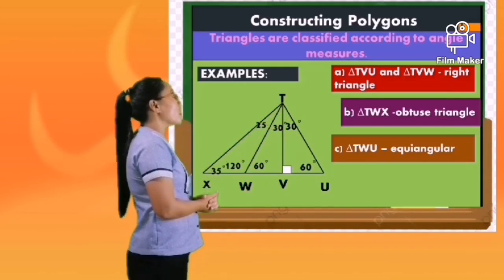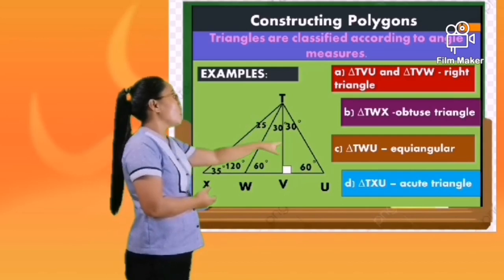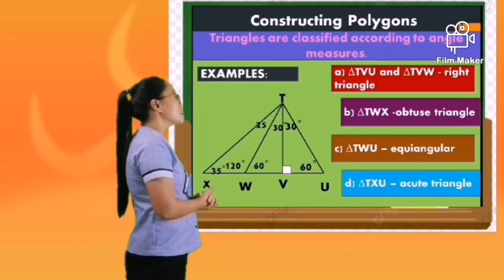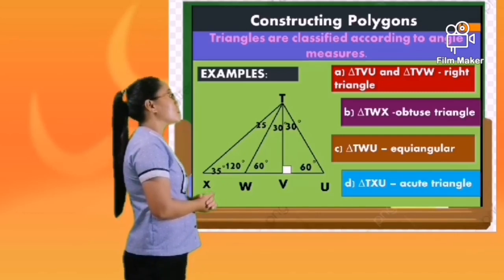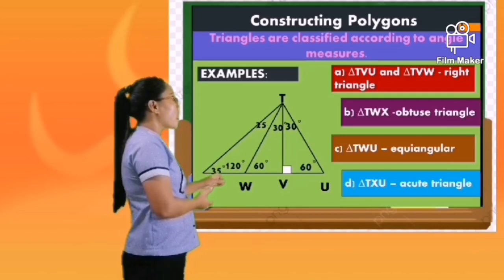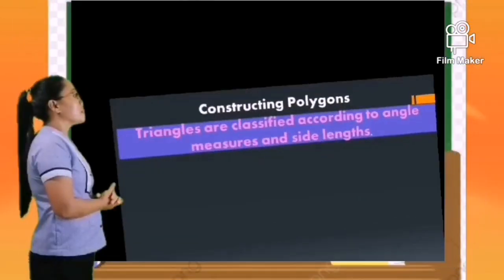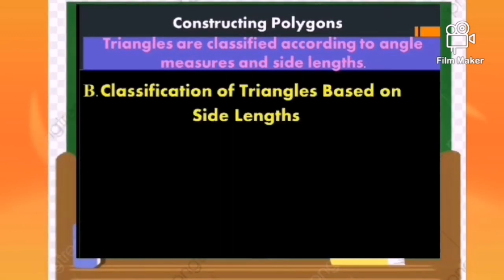And lastly, triangle TXU is an example of an acute triangle because the measurements are all acute angles, which are 35, 60, and 85 degrees.